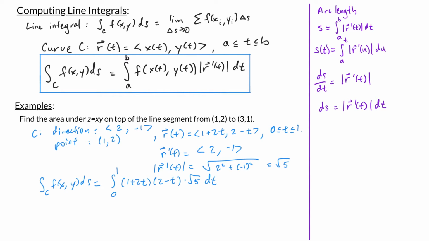To compute this integral, we need to multiply out the inside. So we have 2 plus 3t minus 2t squared, all of this times the square root of 5 dt.